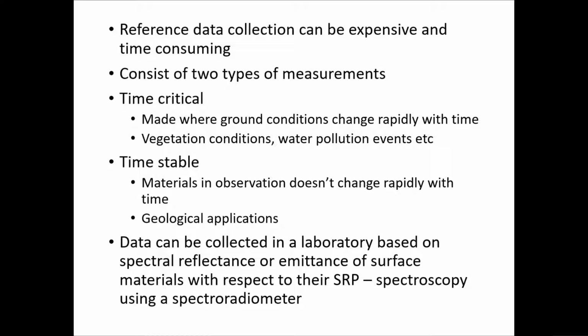Water pollution events, you might have seen oil spills and so on, or waste from dying plants. So they will sustain for a very short period of time, and then they will dissolve, or they will spread apart, and you might not be able to notice it from a remotely sensed image, right? Similarly, vegetation conditions.